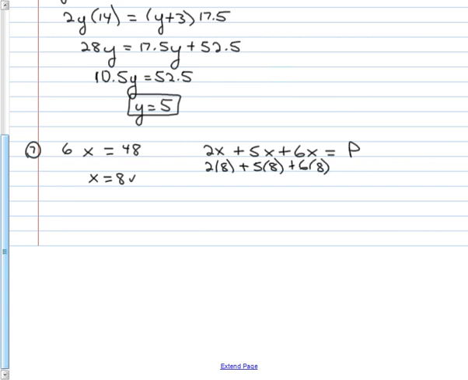That will give us our perimeter. So 16 and 40 and 48, adding them all together, 104. The perimeter of that figure must be 104, and I guess they didn't give us any inches. Oh, they did, 104 inches. So we did know the unit of that.